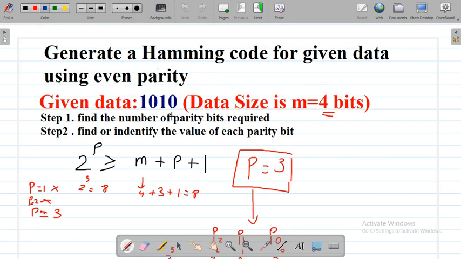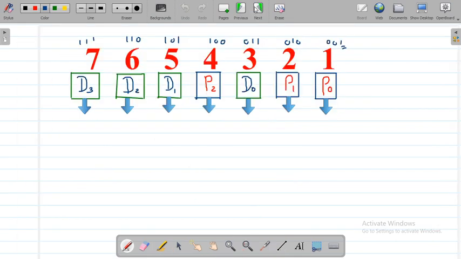For example we have taken 4-bit data 1010, so this will be my D0, D1, D2 and D3. We can insert these data values at the remaining positions. So here I can write 1, 0, 1 and 0 because the data is already known. We have to find the value of P0, P1 and P2.